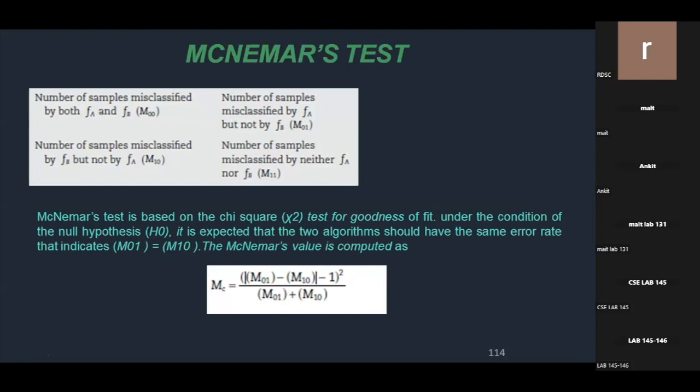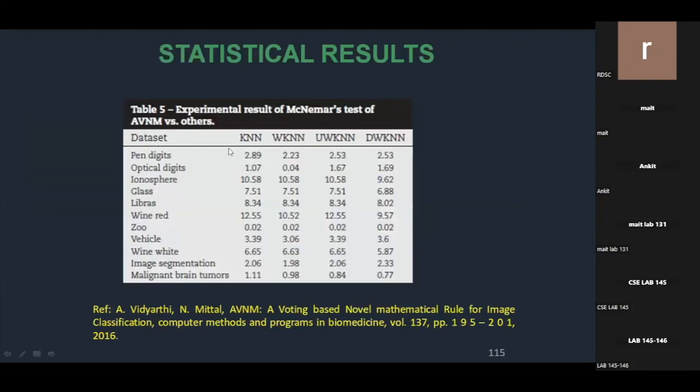We applied this test with the formula, comparing AVNM versus KNN, WKNN, UWKNN and DWKNN. These are the values we got, and all the values are beyond that level of degrees of freedom, so we are able to claim that our classifier is statistically validated.